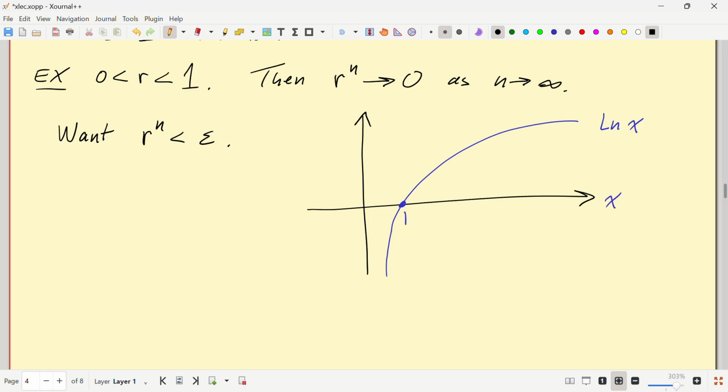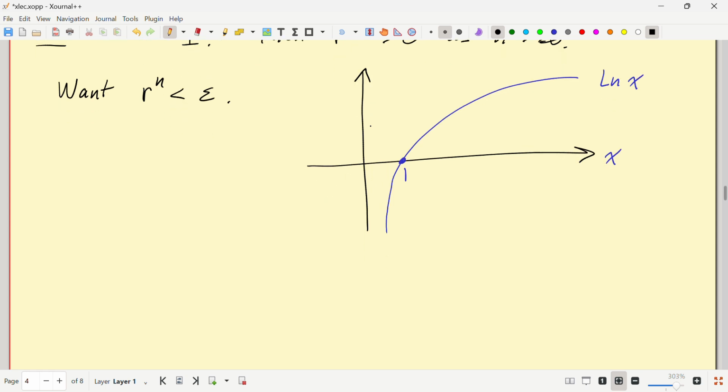It shoots down to -infinity at 0. But it's a strictly increasing function. That's because its derivative is 1 over x, and that's strictly positive.